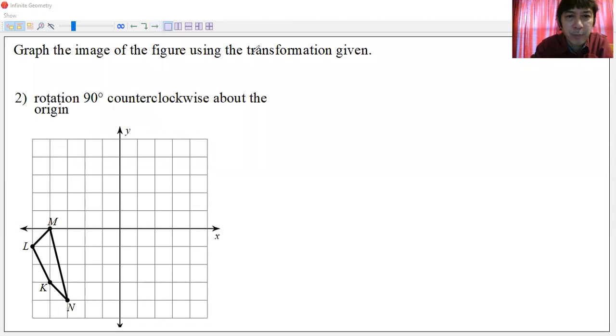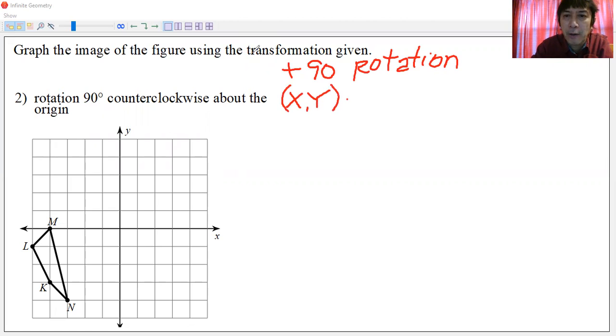The rule for positive 90 rotation. From the given points of the pre-image, you're going to reverse the values and negate the value under the x.